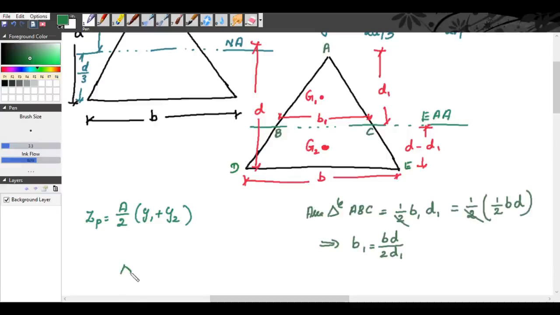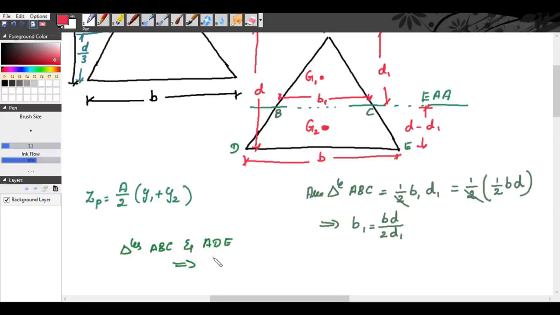That is, from triangles ABC and ADE, you can say that BC, that is B1 by B, is equal to D1 by D, from which you get B1 is equal to D1B by D. Okay.